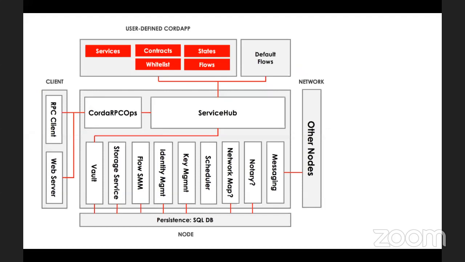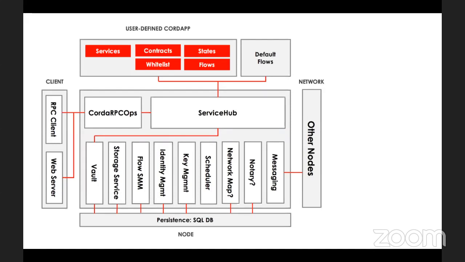Now we talk about the Corda apps, right? We have seen this earlier. What all components are there? We have services, contracts, states, whitelist, and the flow in the Corda apps, and they will also have the default flows, right? We have the user-written flow and the default flow.